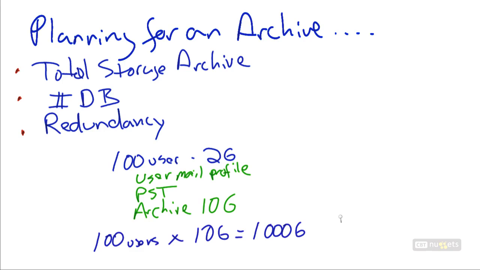Now, here's where the challenge comes in. The total amount of storage I've got an answer to: I need 1,000 gig. The number of databases is the one that gets a little bit challenging. I need you to think about your disaster recovery. This is something from the first Exchange course with Greg Shields that I'm sure you've worked with.